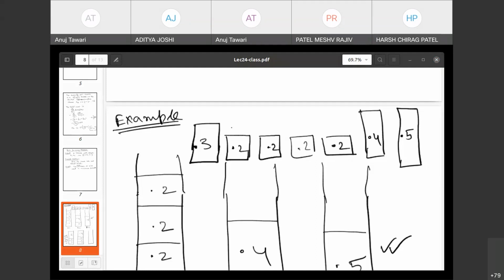Treat the given objects as an array and find a subarray with sum of the bin's capacity.